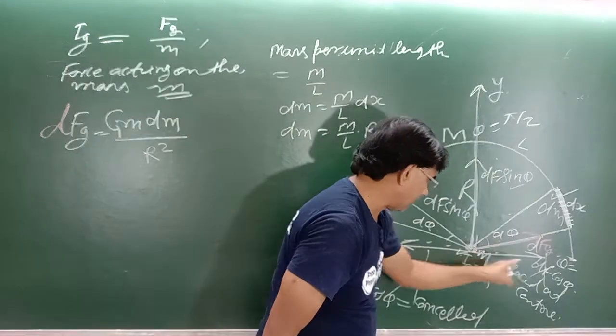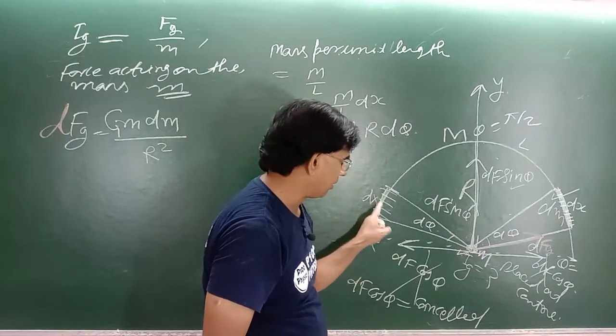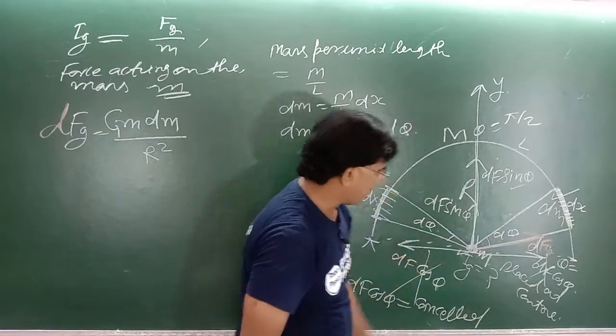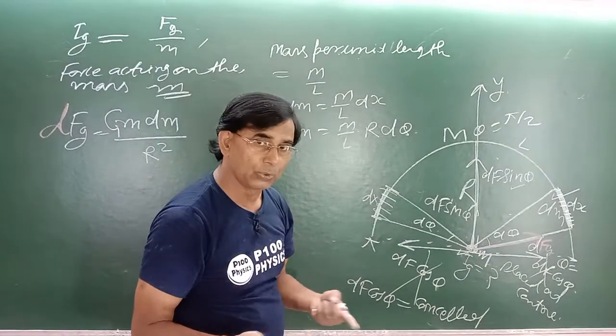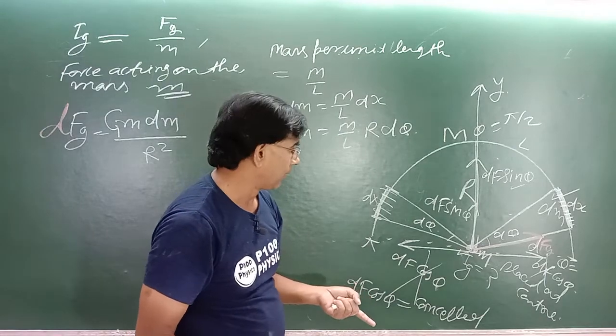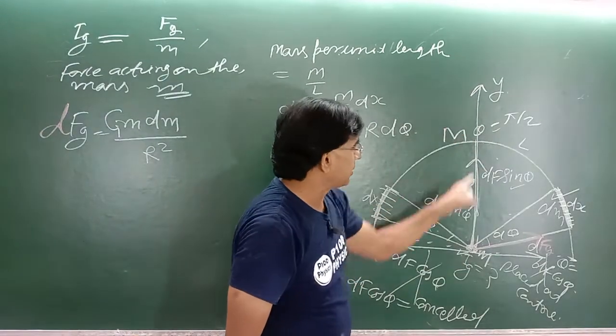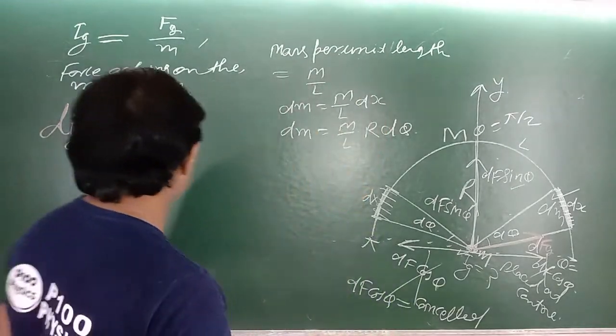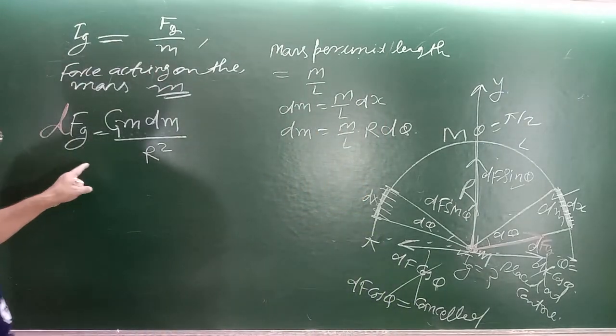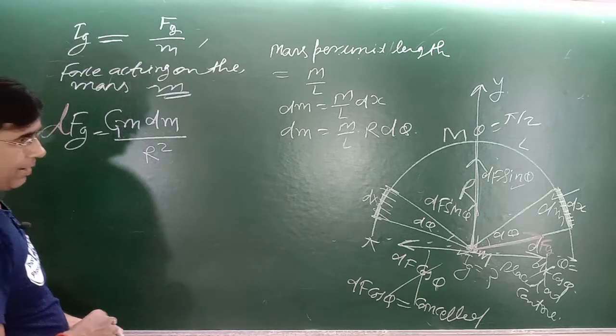So the df cos theta of this and the df cos theta of that are in opposite directions, and will be cancelled. Along the y-axis there is df sin theta and df sin theta. The net force acting is 2 df sin theta.